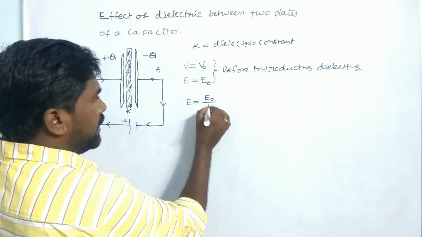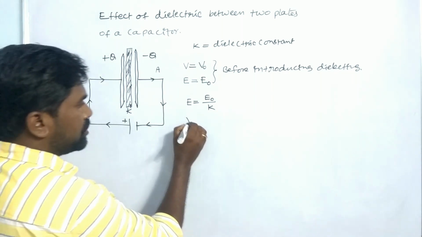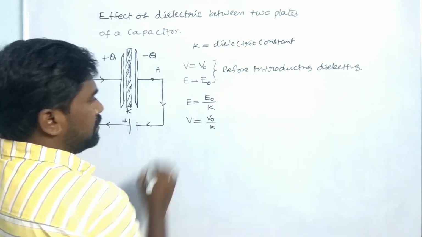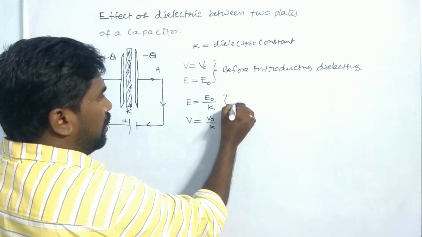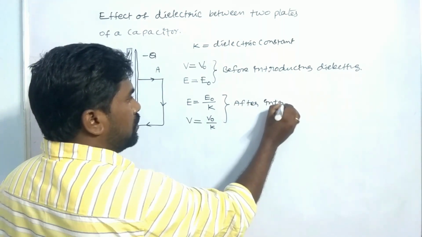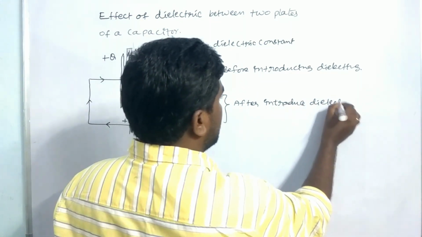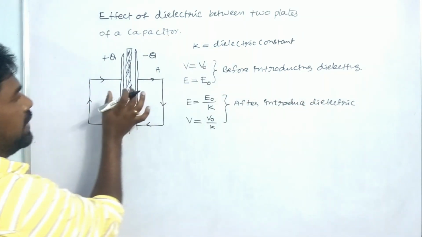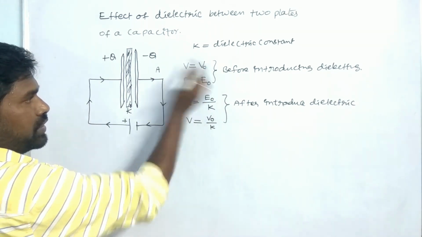So it will decrease to E0 by K, and the potential should also decrease, that is V0 by K. So here, before there is no dielectric, the intensity of electric field is E0 and the potential is V0.